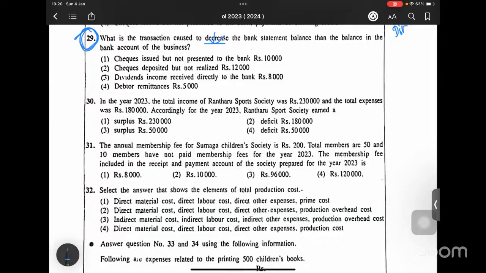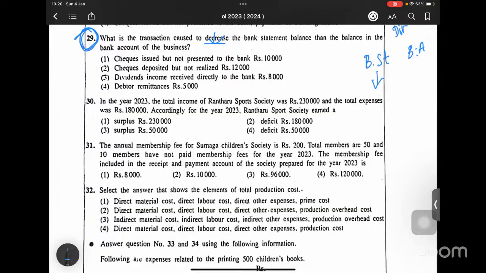So which transaction caused a decrease in the bank statement than the balance in the bank account? Okay. Cheques issued but not presented to the bank. Cheques deposited but not realized. We'll see from the last.